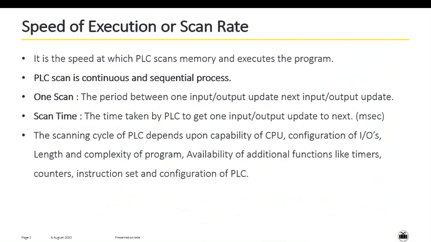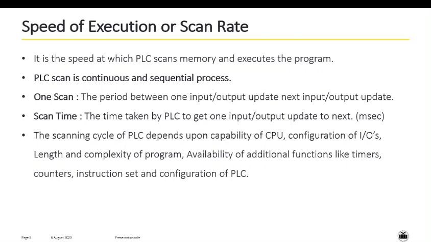The next definition is the speed of execution or the scan rate. It is the speed at which the PLC scans the memory and executes the program. If the time of scanning the memory is very short, then the scan rate is very high, and we can execute the program very fast.